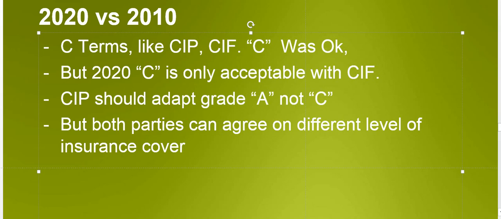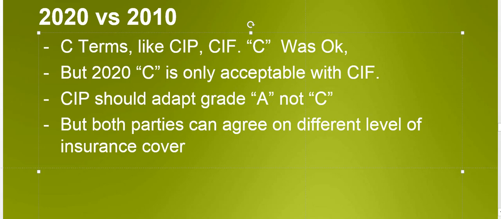In spite of these regulations, both parties can agree on a different level of insurance cover. Meaning that if mutual agreement exists, seller and buyer can lower or upgrade the level, on both sides. This is acceptable if both parties have mutual agreement.